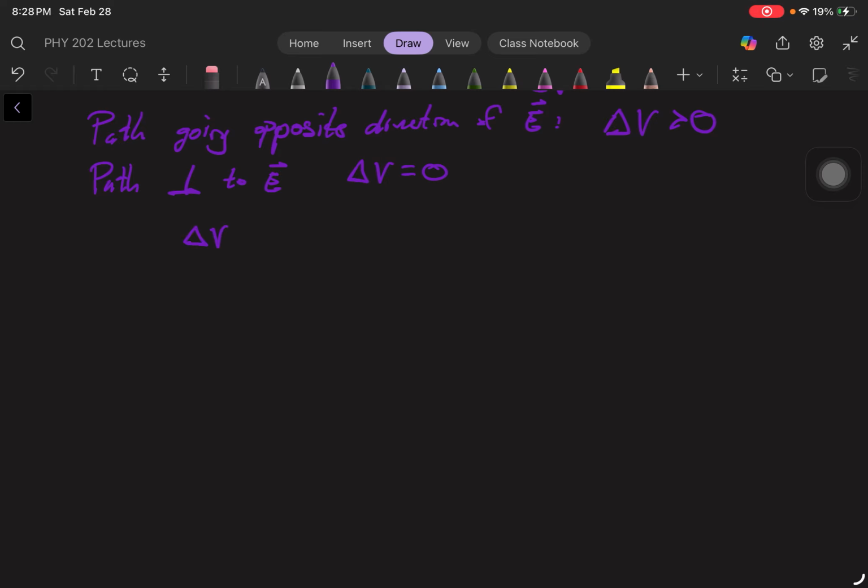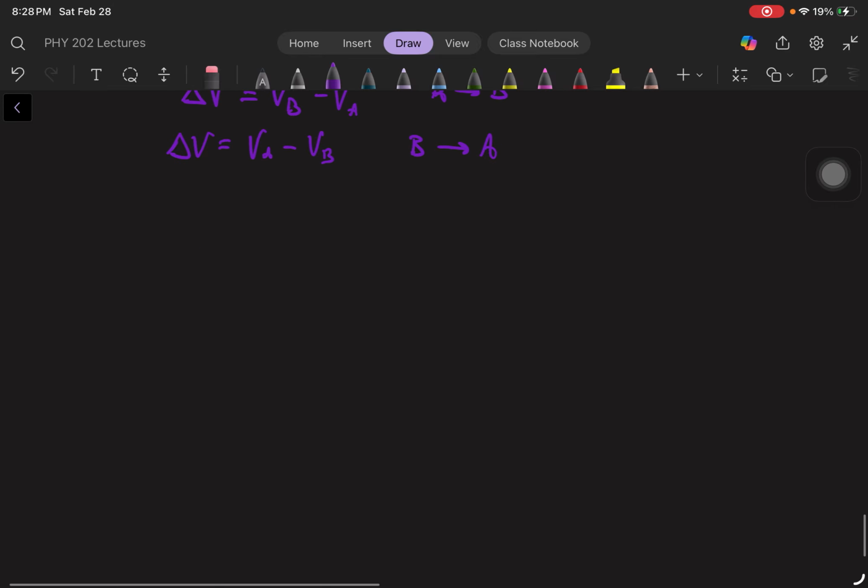If you ever have delta V is VB minus VA, that means you started at some point A and went to some point B. If you have delta V is VA minus VB, you started at some point B and went to some point A. Just something to keep in mind. And so let's talk about a non-uniform field here.